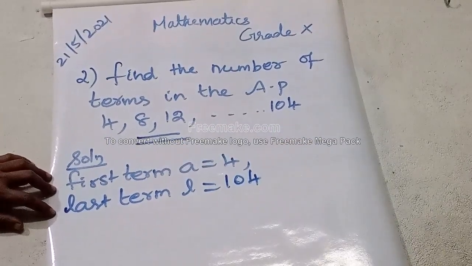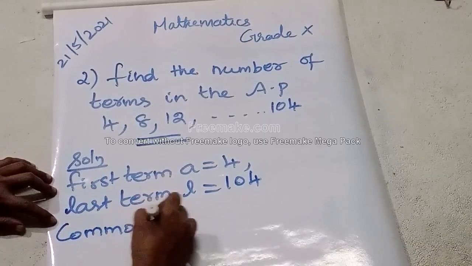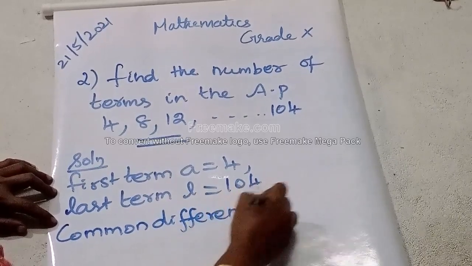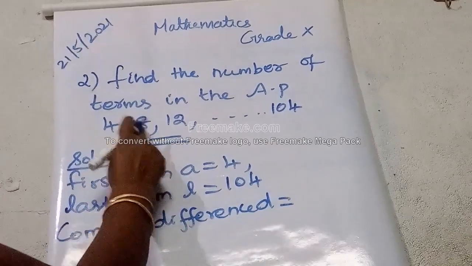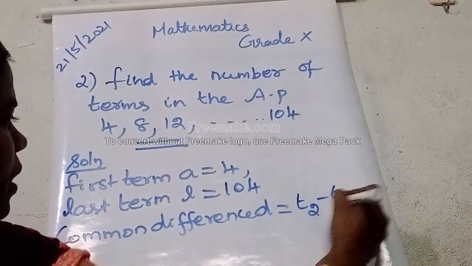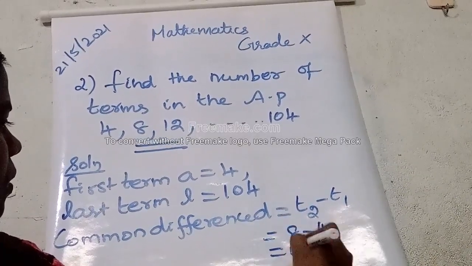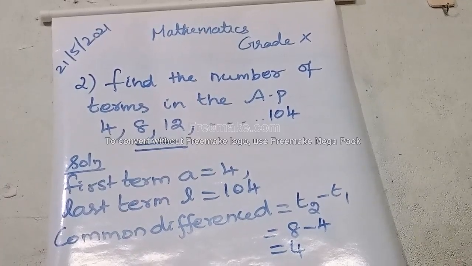Next, the common difference d is second term minus first term, that is T2 minus T1 equal to 8 minus 4 equal to 4. Common difference equal to 4.